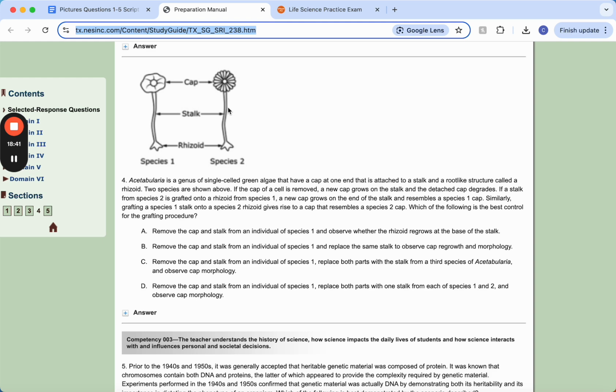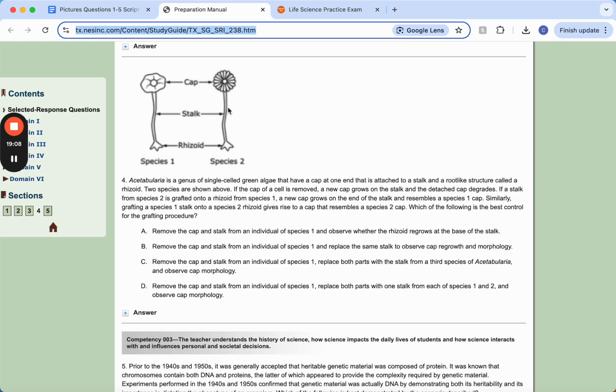So again, we'll go back to that, but the question specifically is asking which of these below is the best control. So A says remove the cap and stalk from an individual of species 1 and observe whether the rhizoid regrows at the base of the stalk. B says remove the cap and stalk from an individual species 1 and replace the same stalk to observe cap regrowth in morphology.